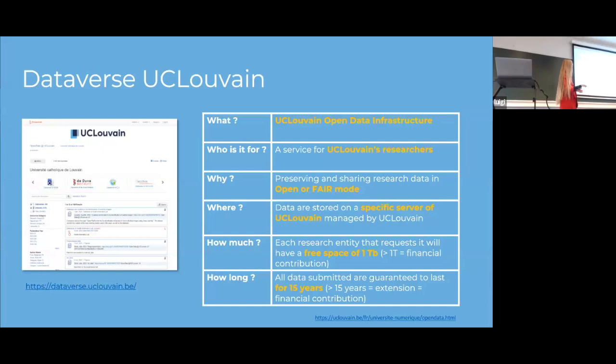Data are stored on a specific server of UC Louvain, which is managed by UC Louvain, and each research entity that requests it will have a free space of 1 terabyte. And for how long? The data submitted are guaranteed to last for 15 years, and extension is possible, but with a financial contribution.